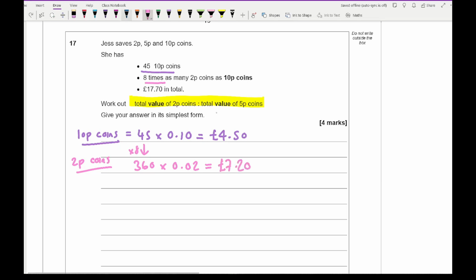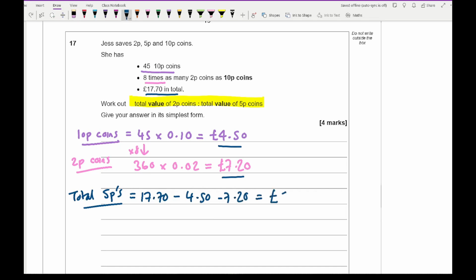Then we can work out what the total of the 5p coins is going to be by deducting these two totals we know from the grand total. So that's going to be £17.70 minus £4.50 minus £7.20, and that comes up to a total of £6. So all I then need to do is compare these two as a ratio.